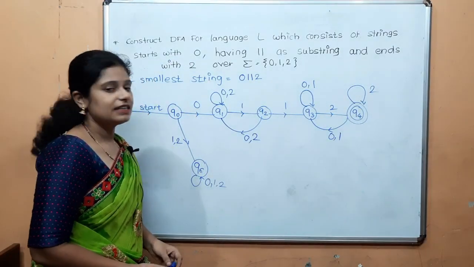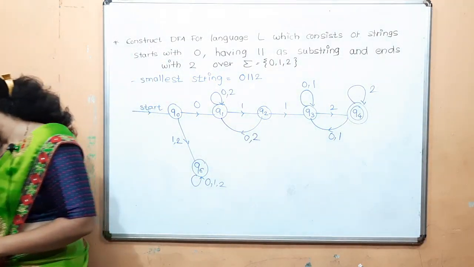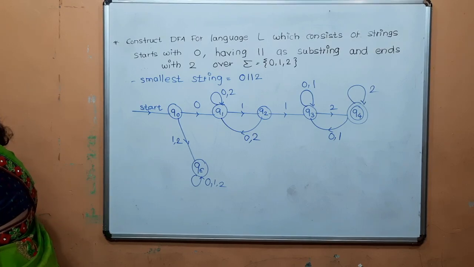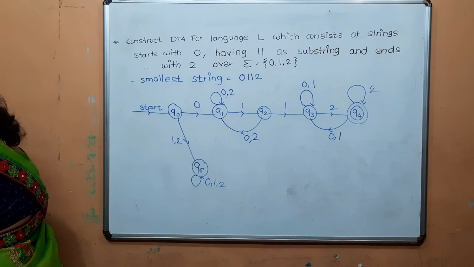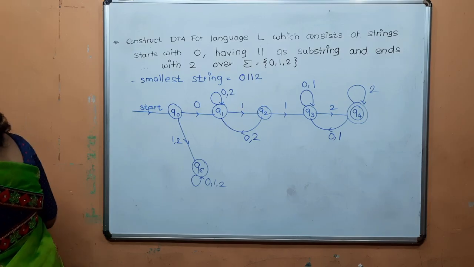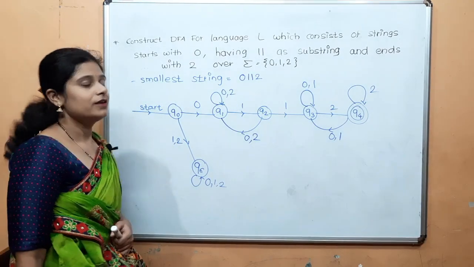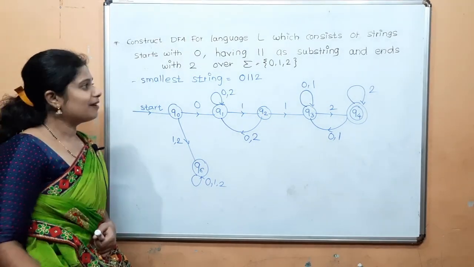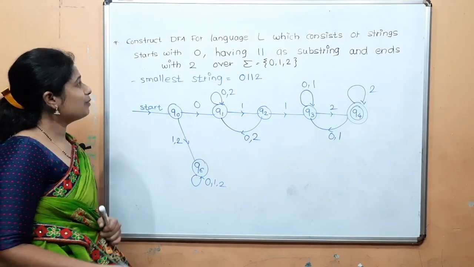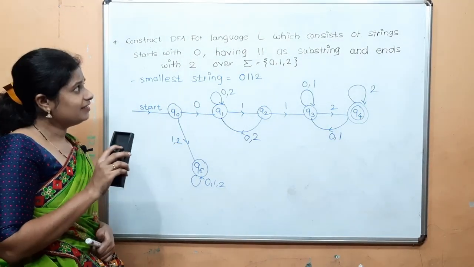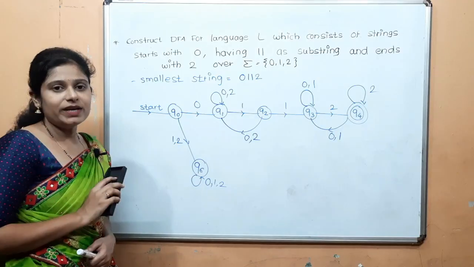Now see the next example. After this, we can see an example of starts with, having, and ends with, but with common symbols.